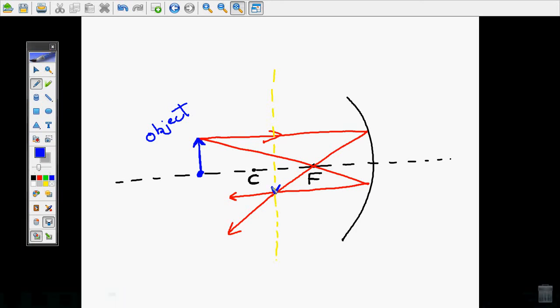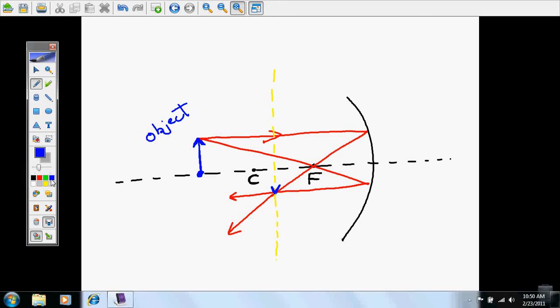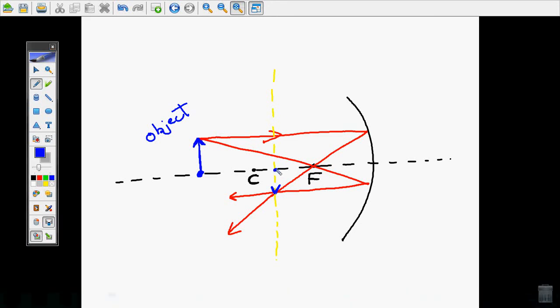So if this is the head of the image, I know that the feet of the image are going to be right on the principal axis, right where the head was formed. So now I could go back and fill it in.